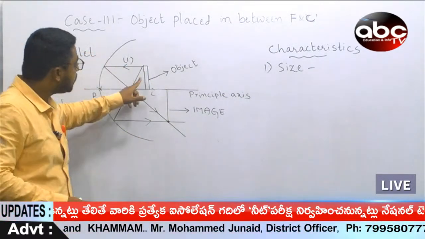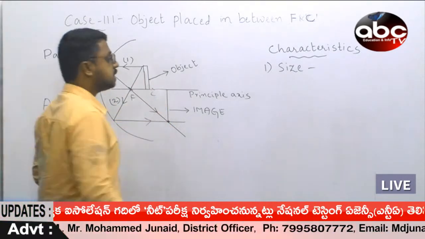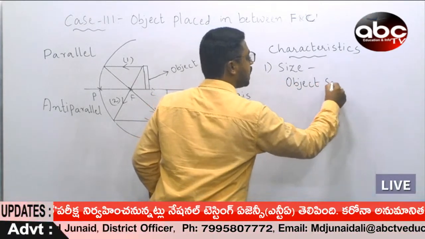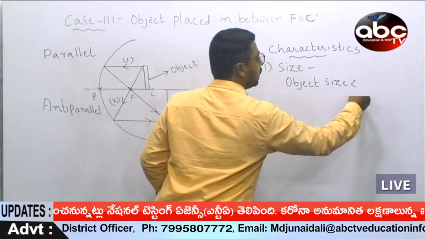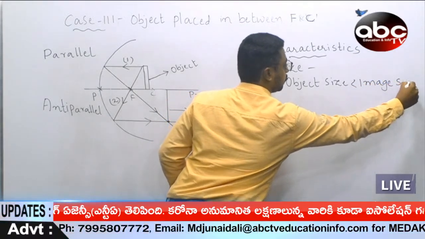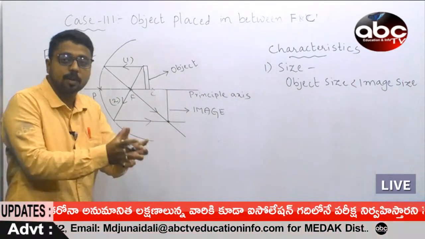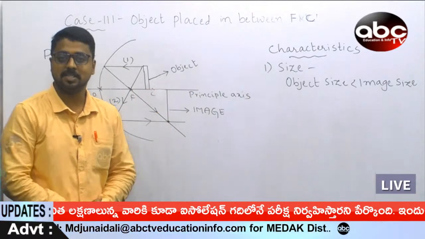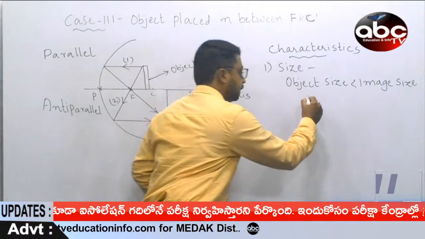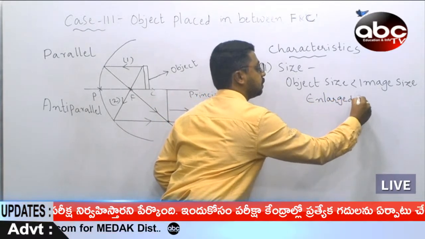So, object size is naturally less than the image size. So what is going to happen here? The image is going to be an enlarged image, or you can also call it a magnified image.